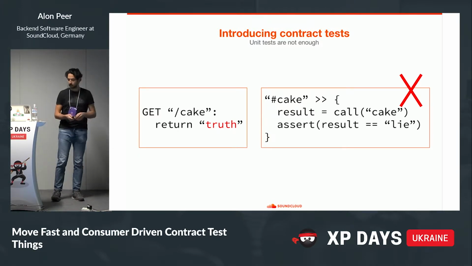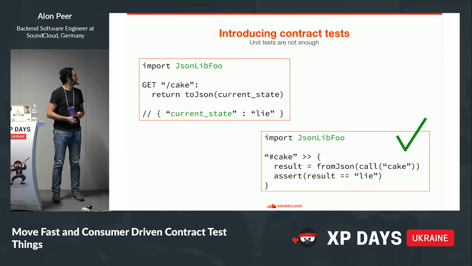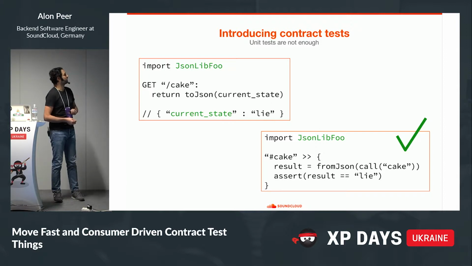But let's make this a little bit more complicated. Let's say that we are serializing our output, our payload, using some JSON library, JSON libfoo. And so now, when someone calls that endpoint, we take that current state variable and serialize it so that the output will be a JSON with current_state, so that's snake case, and the value will be lie.